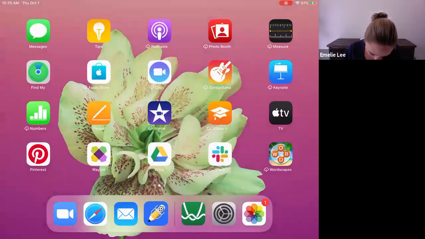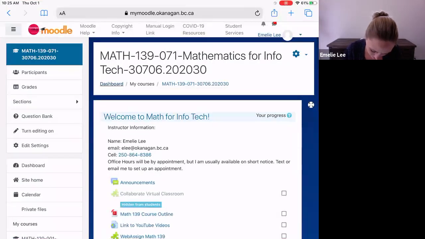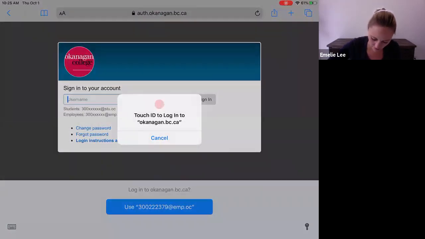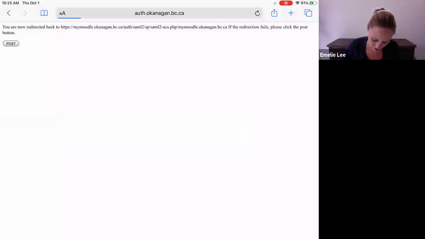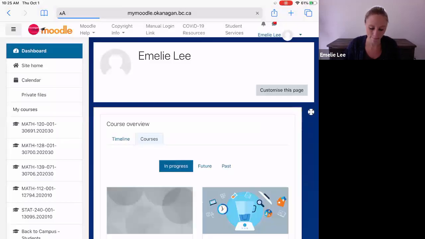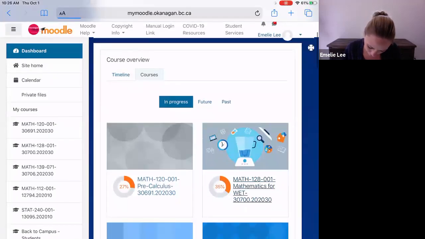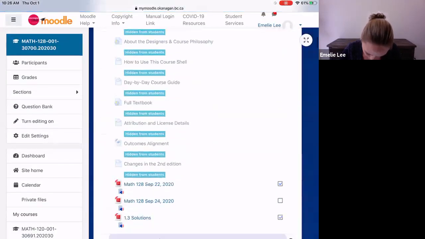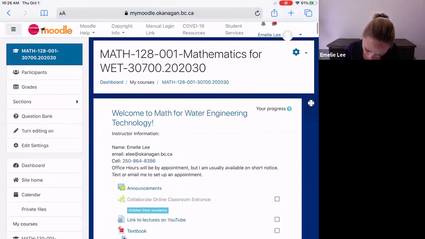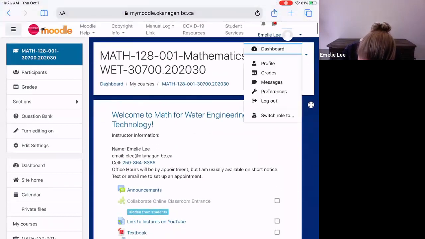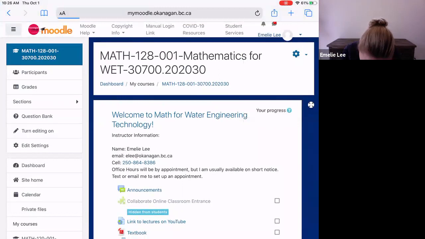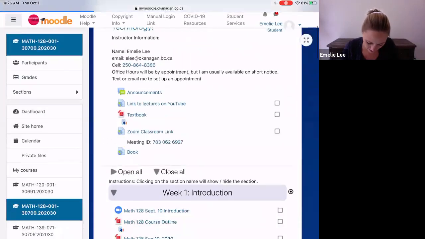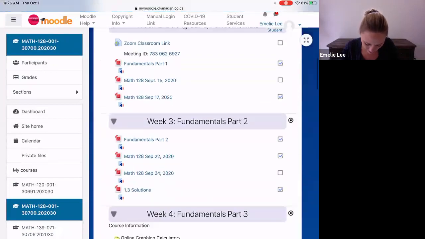Let's see if I can take us there. Touch too hard. So here, mine is all full of junk. Let me try to switch it to student view, switch role, so I can see what you're seeing. Way cleaner.